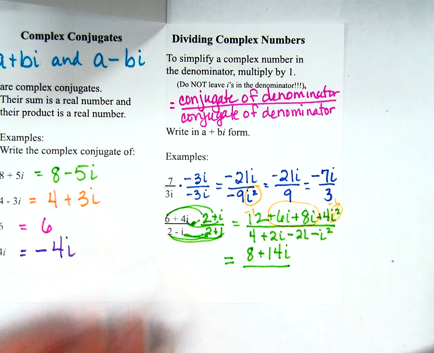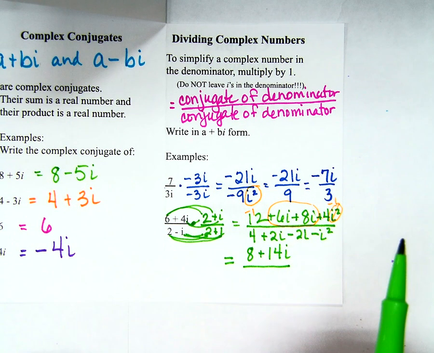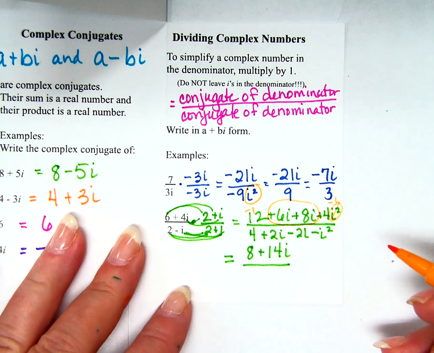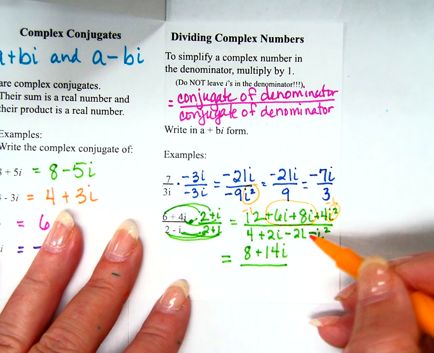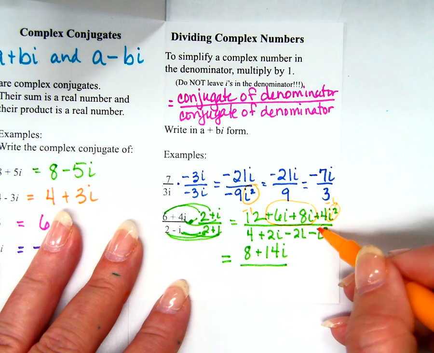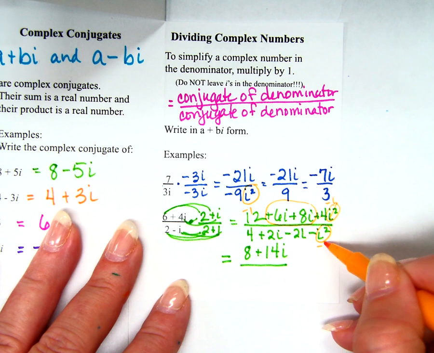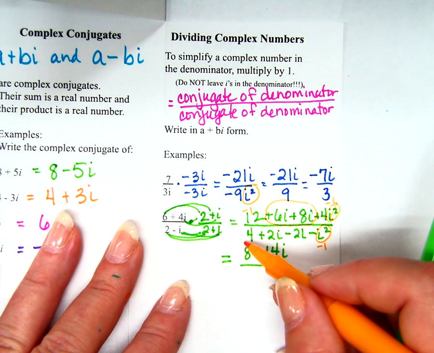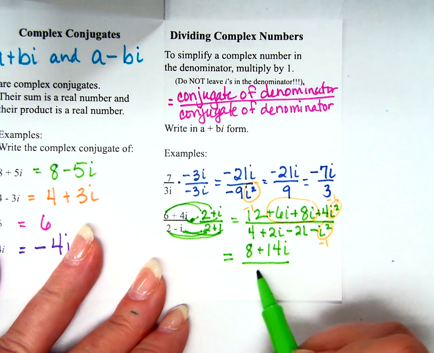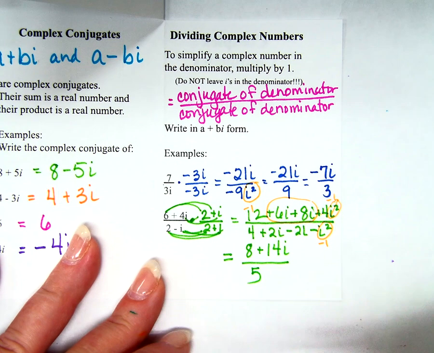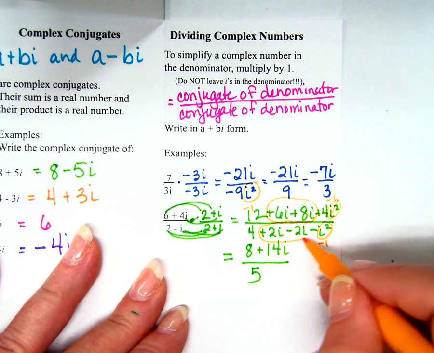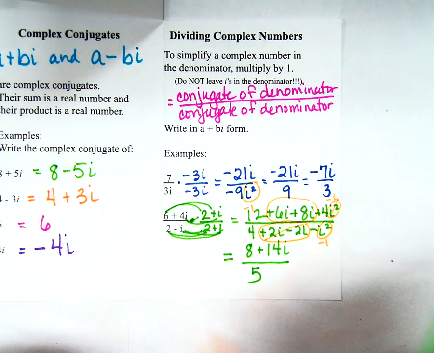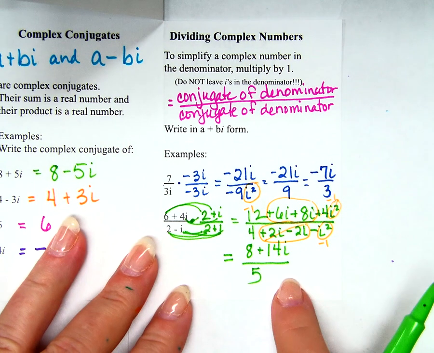Is that all we can do in the numerator? Okay, what about the denominator? What do you notice? I squared, what does I squared equal? Negative 1. So this number right here is actually positive 1. So what's 4 and 1? 5. And then what happens right here? That goes to 0, doesn't it? Done.